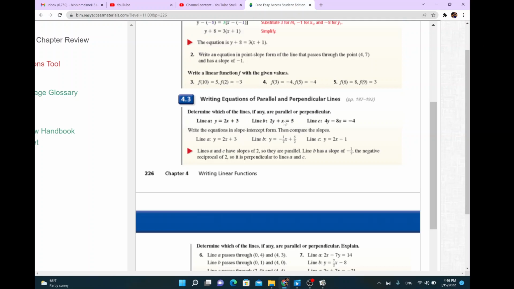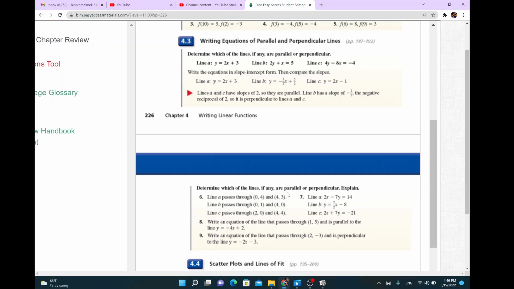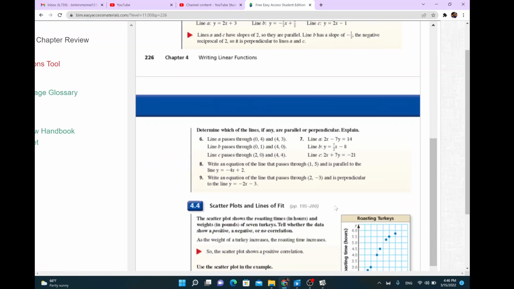This one is just like what we're doing, so let's skip that one. The next one is just an example. And then determine which lines, if any, are parallel or perpendicular, similar to what we're doing. Let's do numbers 8 and 9.